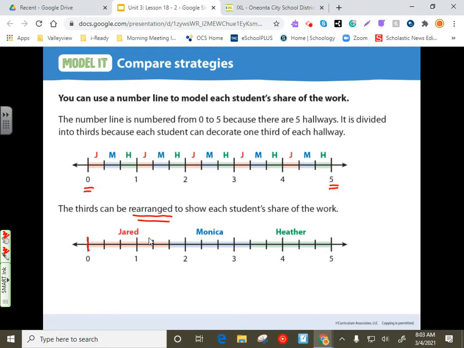You notice down here they've just squished everybody together. That's 5/3, and Heather's is 5/3. It shows that all of those can be pushed together and they all equal the 5 hallways. So again, different techniques to find the same answer.